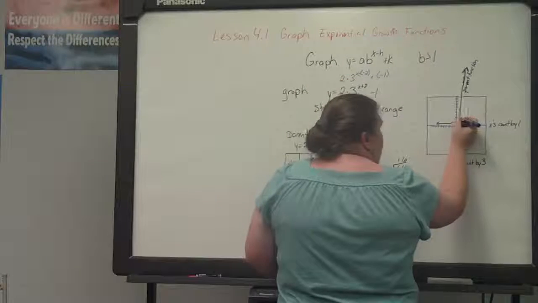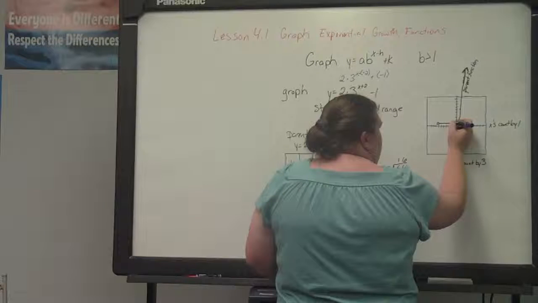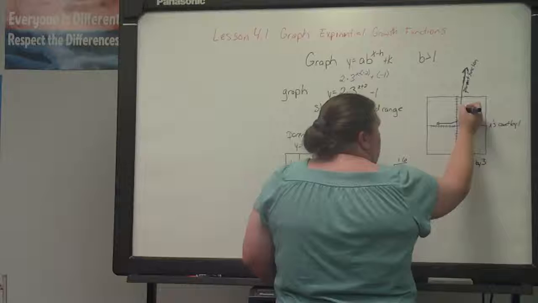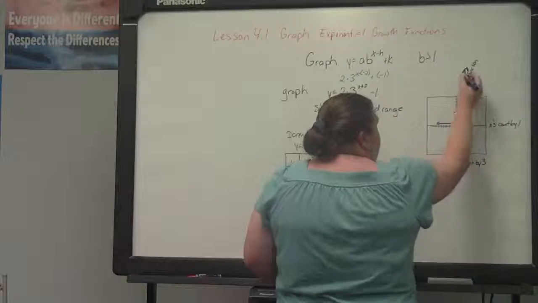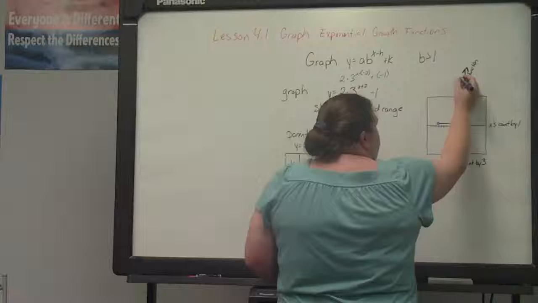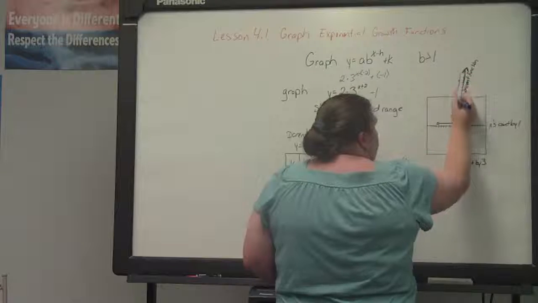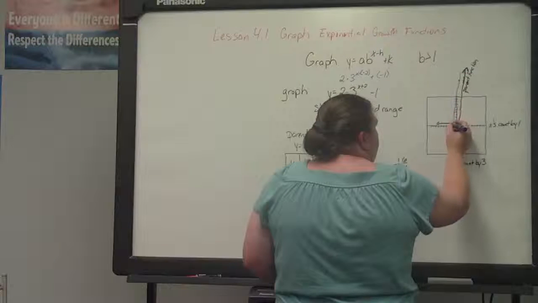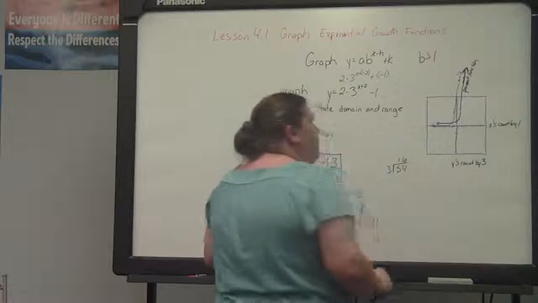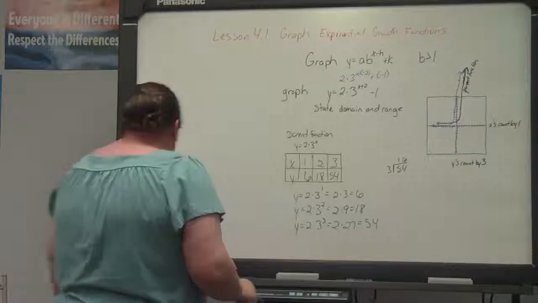So I'm going to move over 2, and I'm moving down 1. On this one right here, I'm moving over 2, down 1. And then this one, I moved over 2, which would have been 1, down 1. So as you can see, that is what your new graph is going to look like.